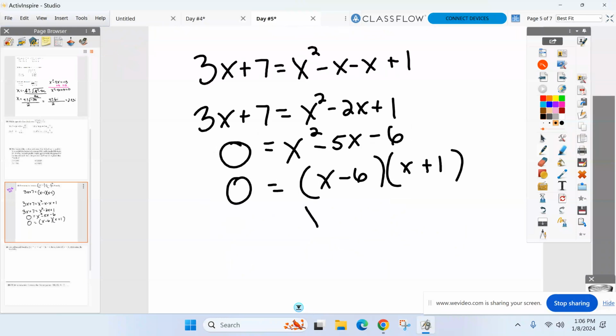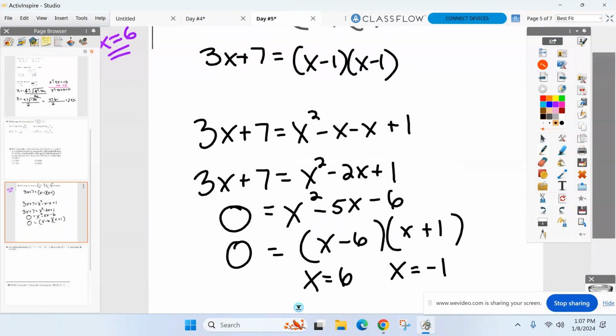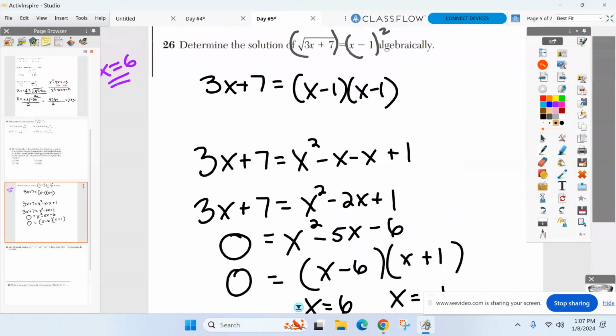I'm going to get x equals 6, right? But I'm also going to get negative 1. But what did my calculator tell me? Yeah, it's only going to be x equals 6. So I would usually, on a normal year, minus the NumWorks calculator, tell you to check each.